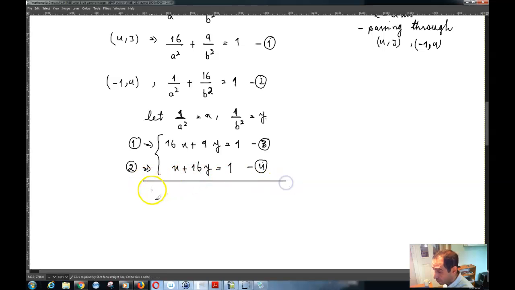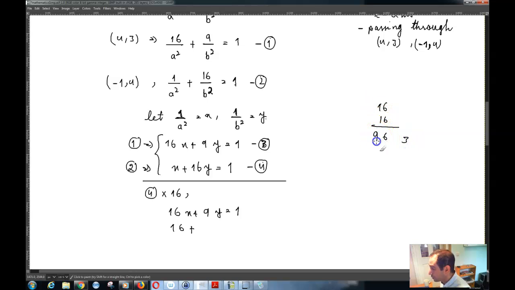Basically I can multiply equation 4 by 16. I will get 16x plus 256y is equal to 16, and I write 3 as it is, 16x plus 9y is equal to 1.